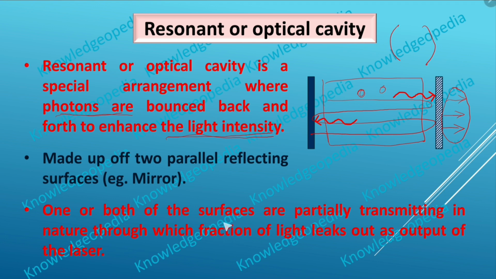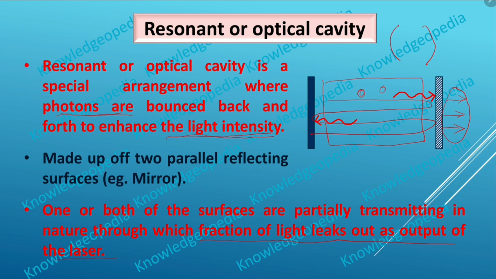So one or both of these surfaces are partially transmitting, through which a fraction of light leaks out as the output of the laser. Thus, through this arrangement, we are increasing the intensity of light, which is our first condition for light amplification.